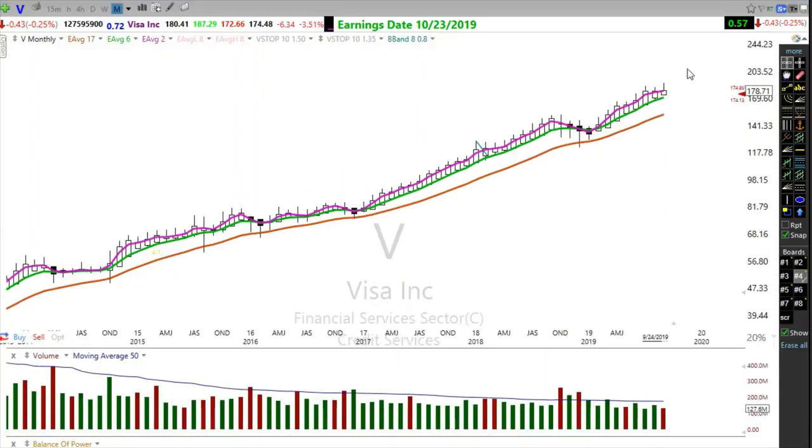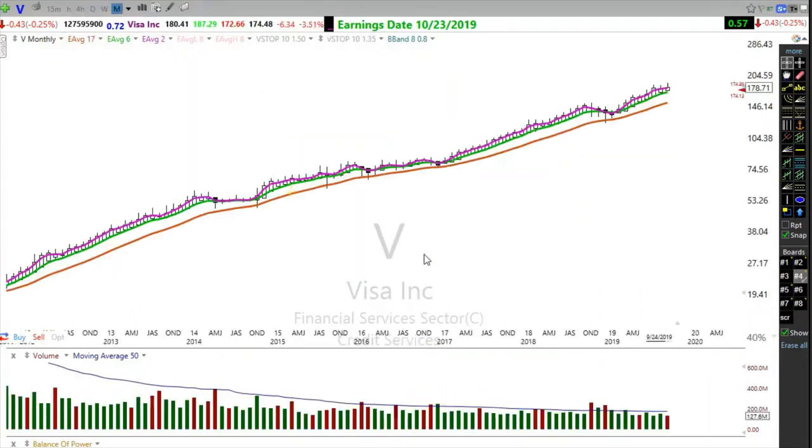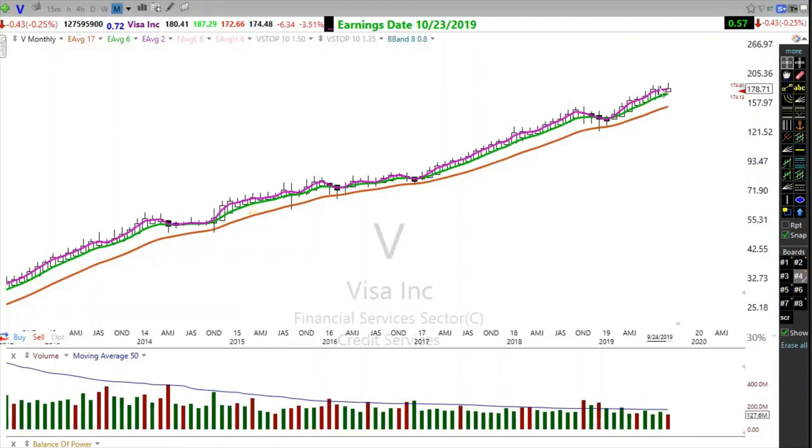This is the monthly of Visa. This is the daily of Visa. There's downside in that chart. Not too many people are going to be willing to hold that. Unless you've entered it properly down in here and held it all the way through, hey, a little bit of throw back and forth doesn't really bother you.